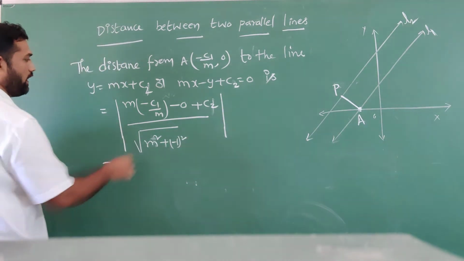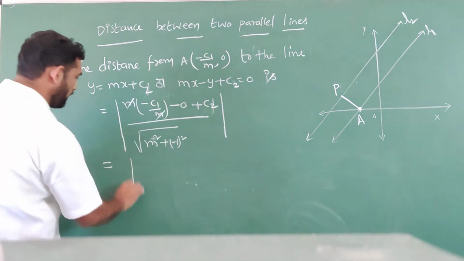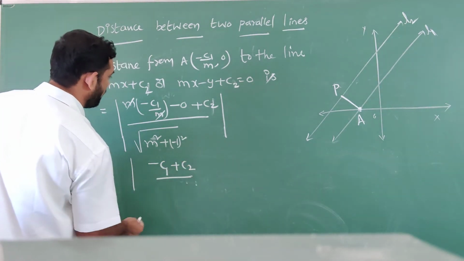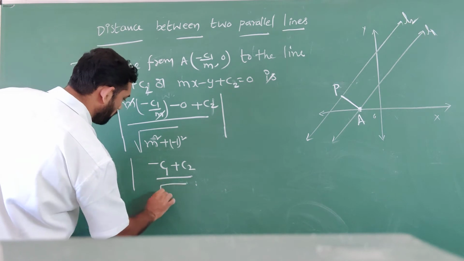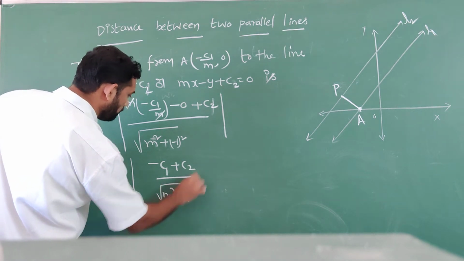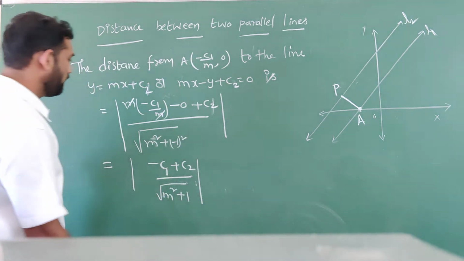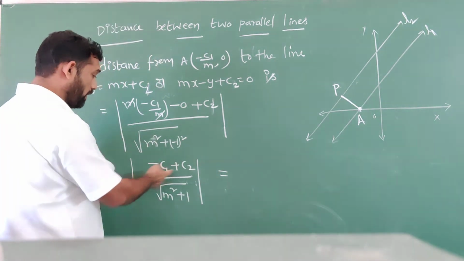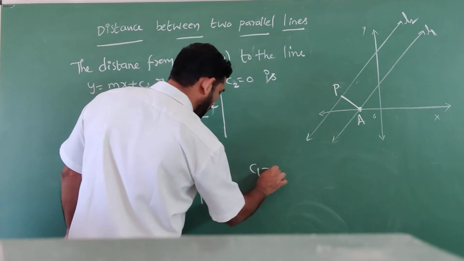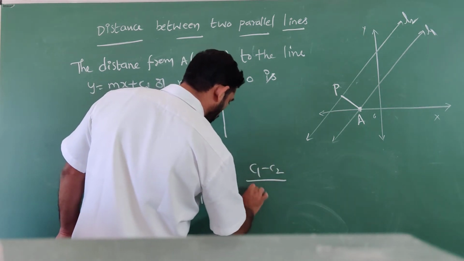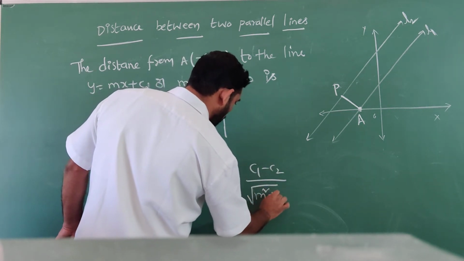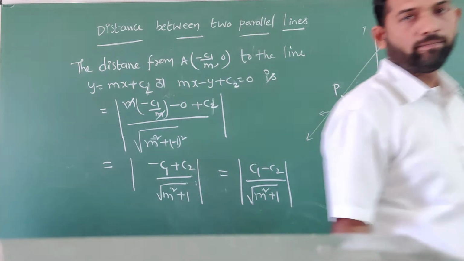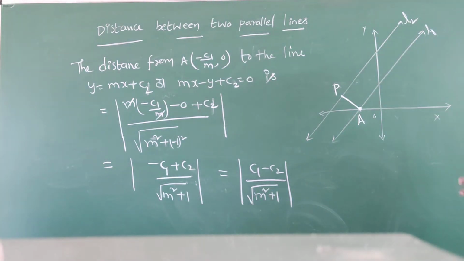Now you simplify, m will be cancelled. Modulus of minus c1 plus c2 divided by root over m square plus 1. Now simplify, you take minus common: modulus of c1 minus c2 divided by root over m square plus 1. That is the distance between two lines formula.